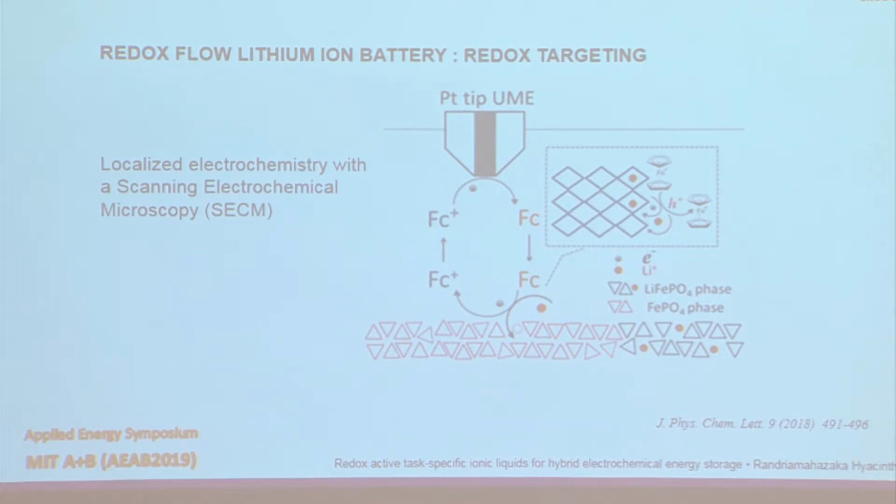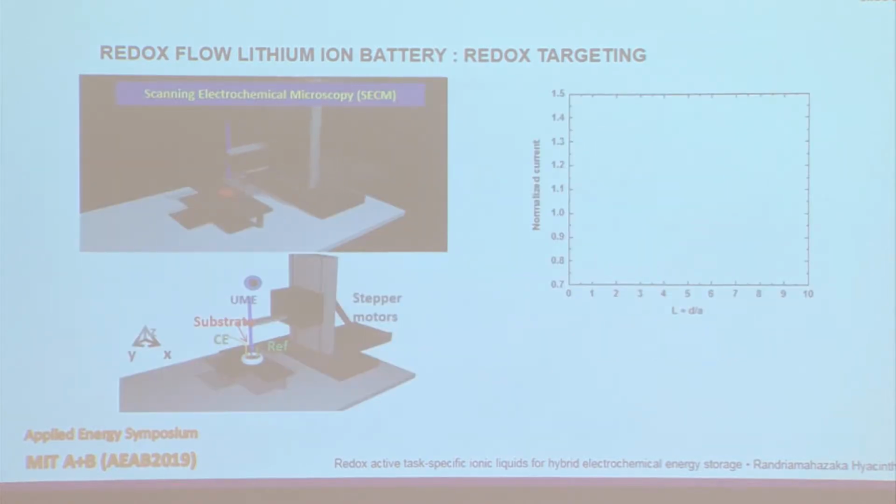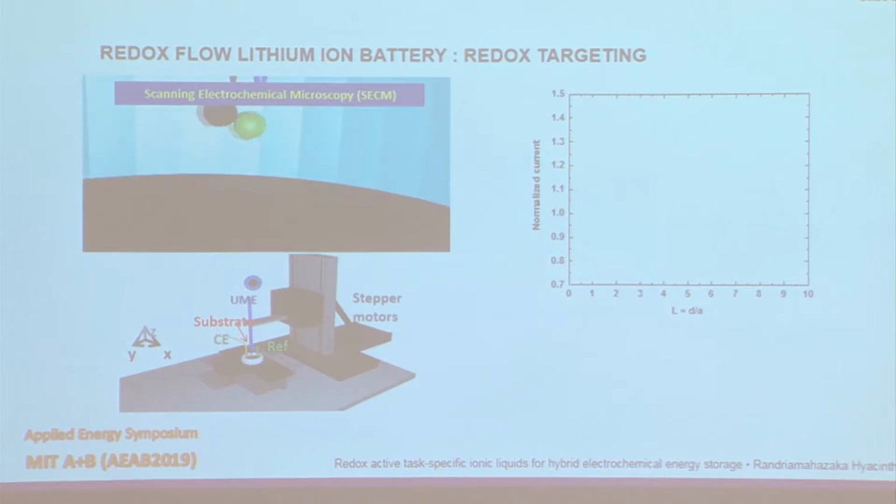Basically, the principle of scanning electrochemical microscopy is to analyze the interaction and the change of the current when you change the distance between the tip and the surface.